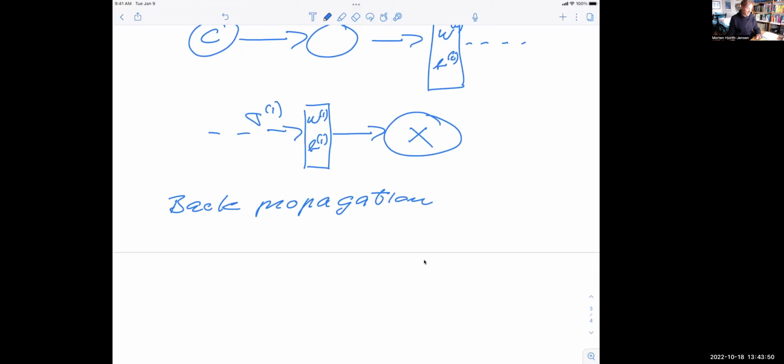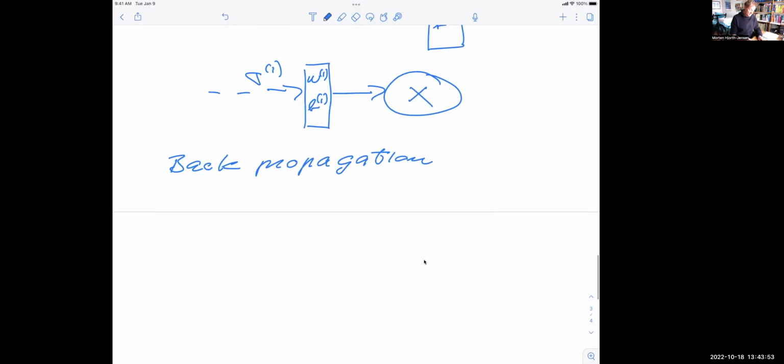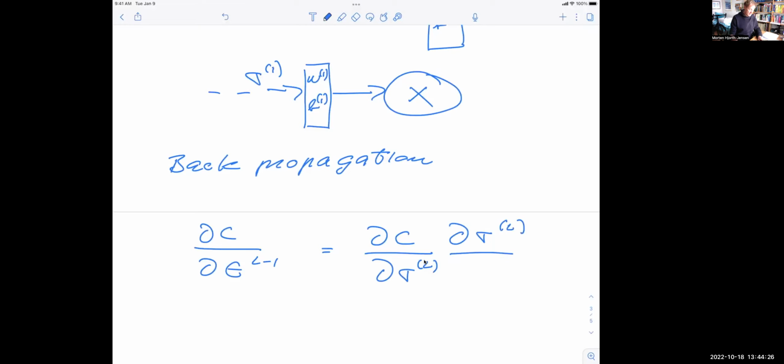What I will need is the derivative of the cost function in the previous layer, d theta of L minus 1. Using the chain rule, I can rewrite this in terms of the derivative of the cost function, which we've calculated in the final layer. So I can calculate the derivative with respect to the output in layer L, a d sigma of L, and then a d theta of L minus 1.